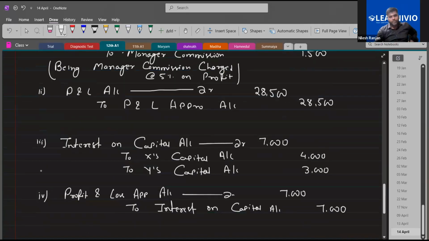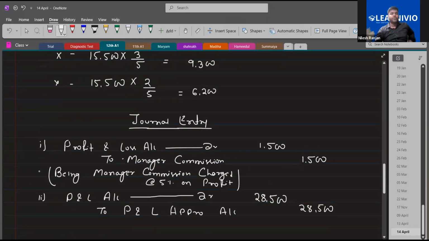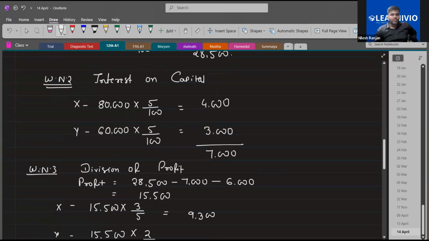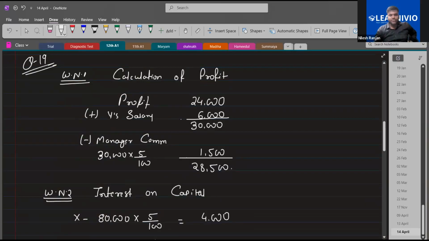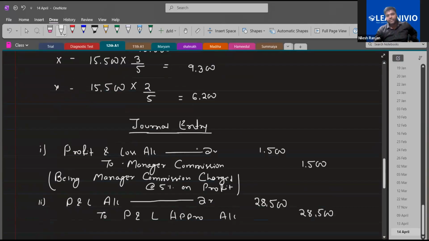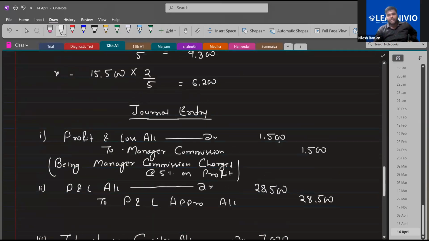So this is how we have to pass journal entry. Now again I'm repeating so that there will be no confusion. The first entry in this question, there is one additional information. So that's why we have passed first entry profit and loss account debit to manager commission. Manager commission we have already calculated here. Manager commission 30,000 into 5 by 100, 1,500. So this is written here in the entry.